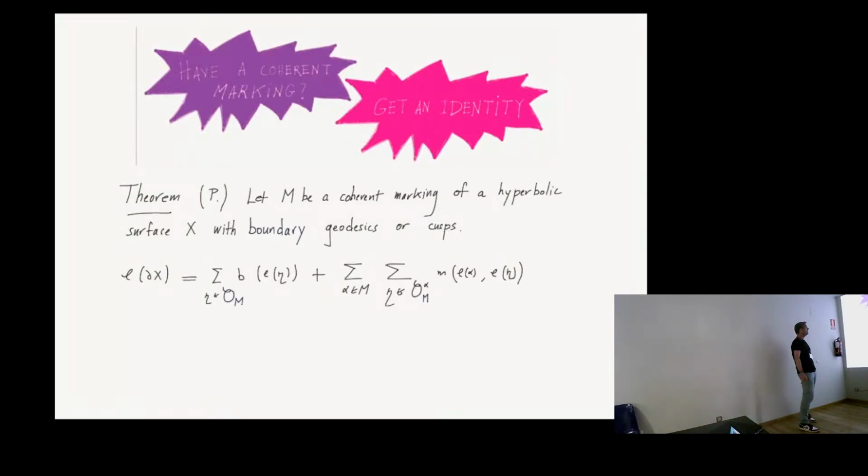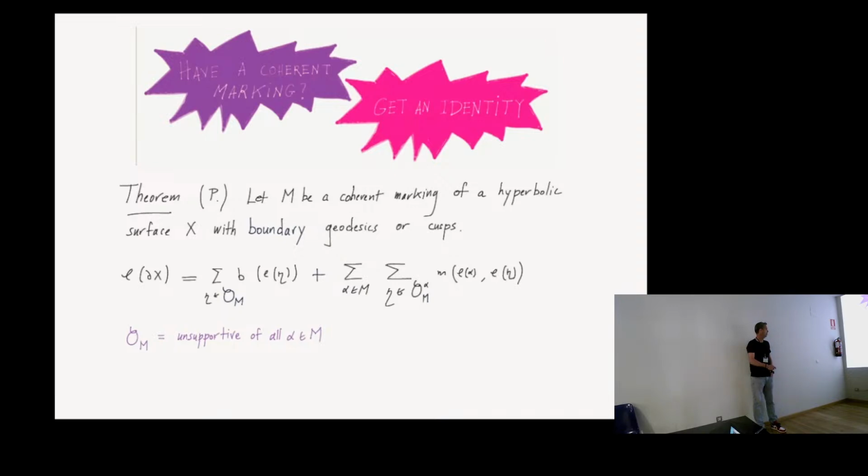So the theorem is that if you have a coherent marking, you get an identity. Alright? So that's the thing, right? And so we're going to unpack this a little bit, but that's the basic idea. Okay? So what are these different elements in this theorem? So the first thing is, we have this coherent marking, and what this O of M is here, which you see here in the subset.